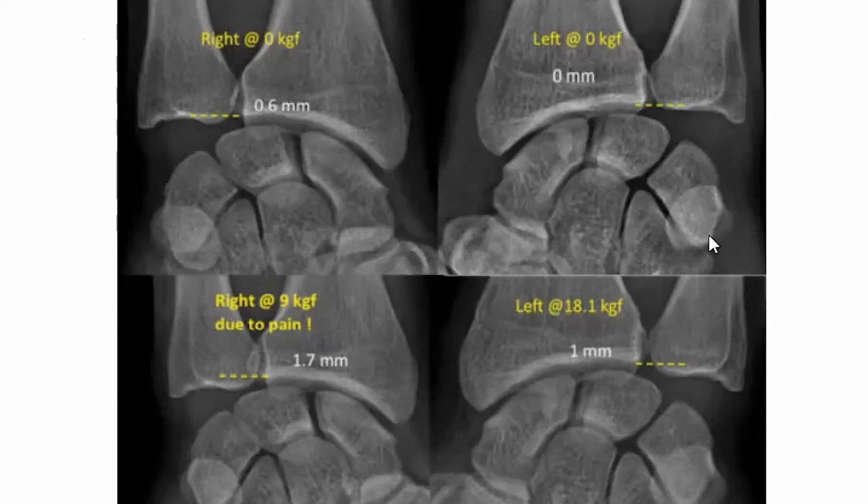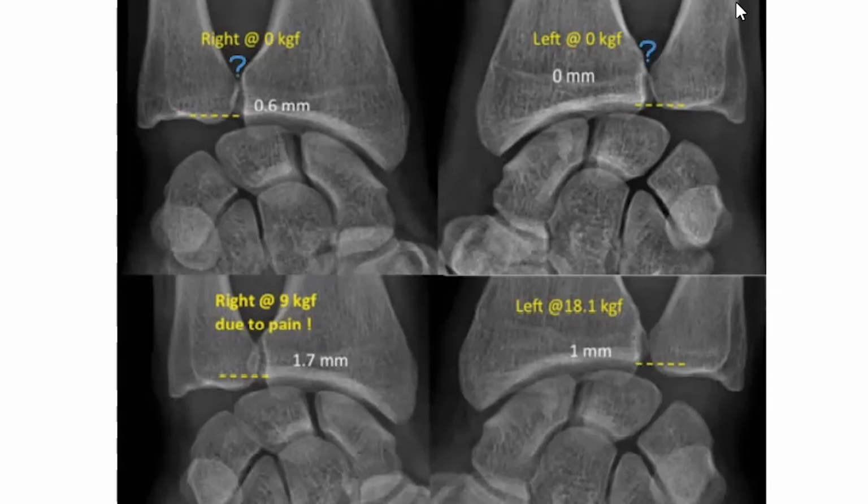So you've got a 0 ulnar variance on the left. On the right, you can see how hard it is to draw that dotted line. So if you look in the center between those two bones, just take notice of that.